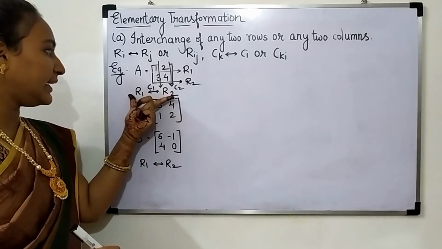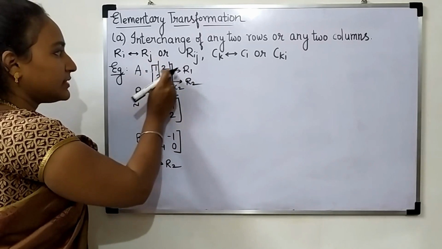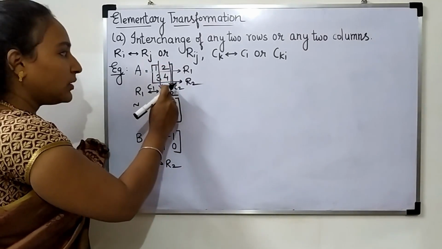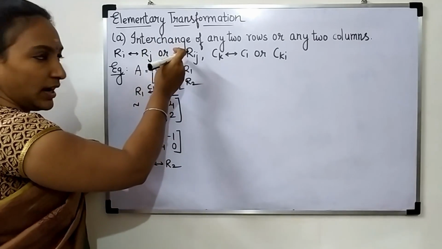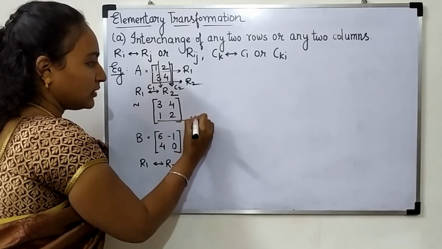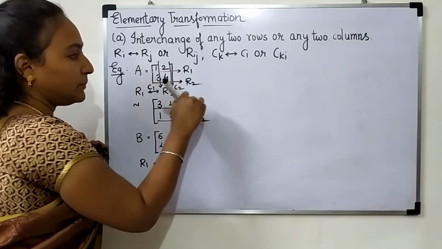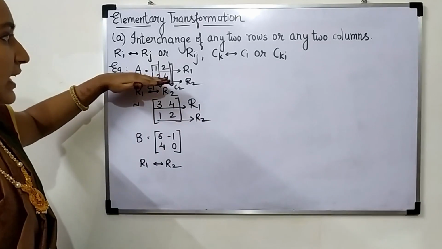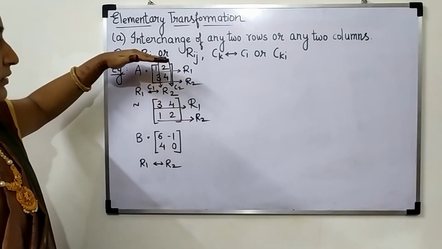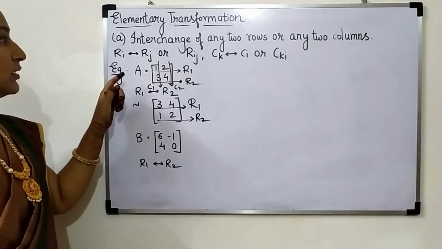Here we are going to interchange R1 with R2. That is, this row will go to R2 and this row will go to R1. So 1, 2 will take the place of R2 now and 3, 4 will take the place of R1. We just have to carry the elements below to above and above elements to below.